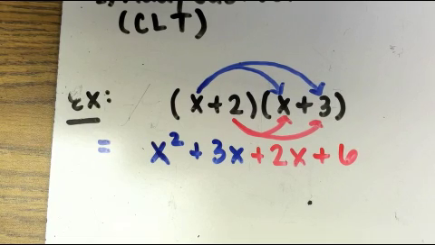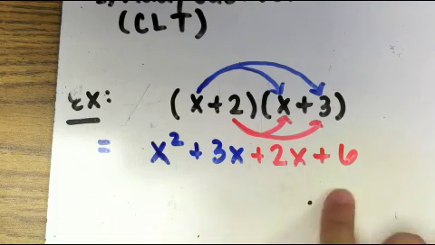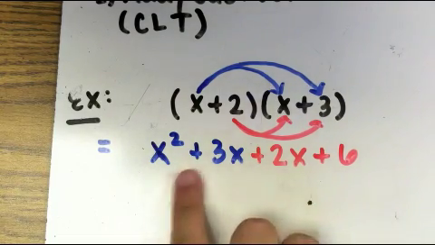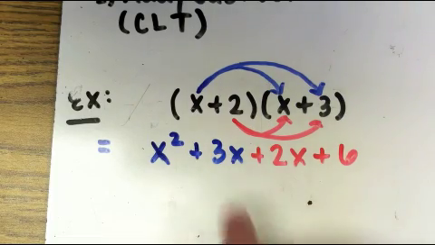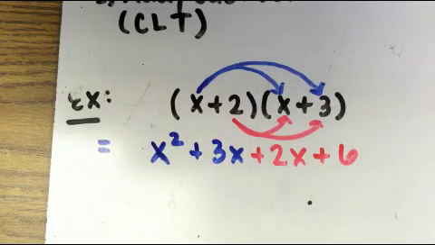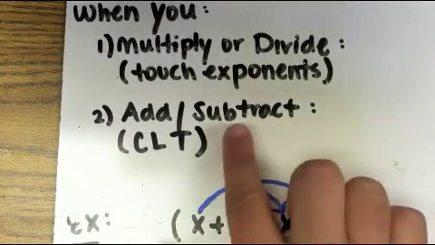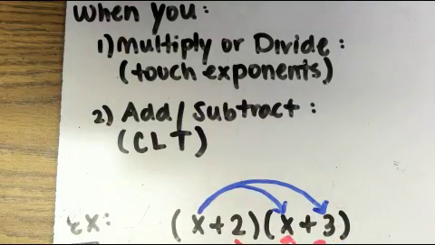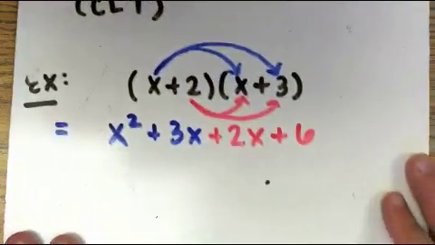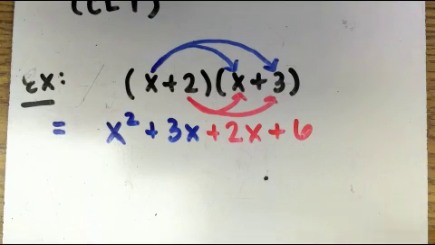Now remember how I said in the beginning, your multiplication problem turns into a, see this down here? An addition. Sometimes you may have some subtraction signs in here. But nevertheless, it turns into an addition or subtraction problem. And what do you do when you add or subtract? That's right, that's why we have it written here, combine like terms. So I'm going to combine the like terms that I can.